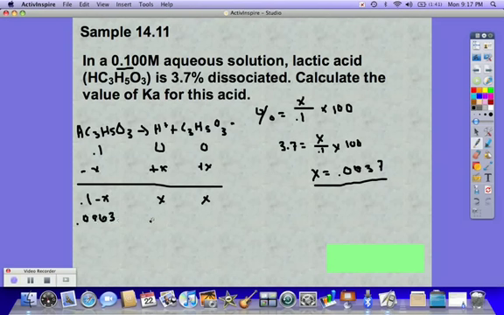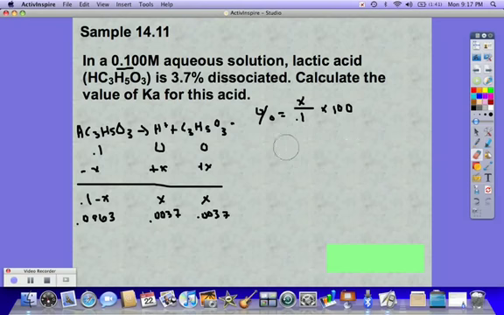0.0963, 0.0037, and 0.0037. Since we know all of our equilibrium concentrations, it's just like last unit, we can plug them straight into our Ka expression to solve for Ka.